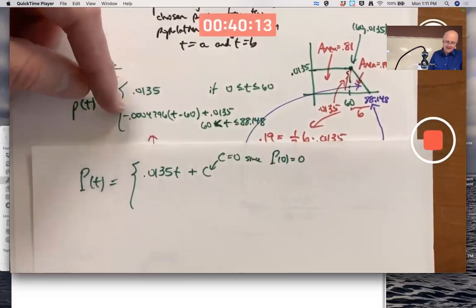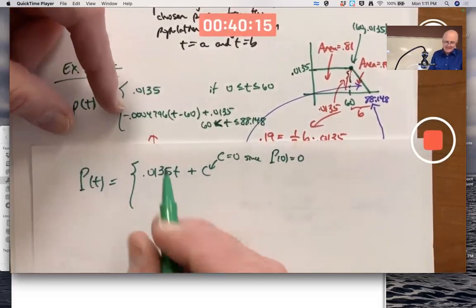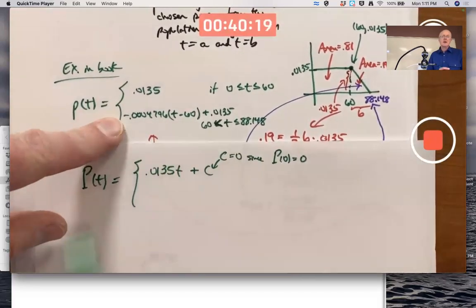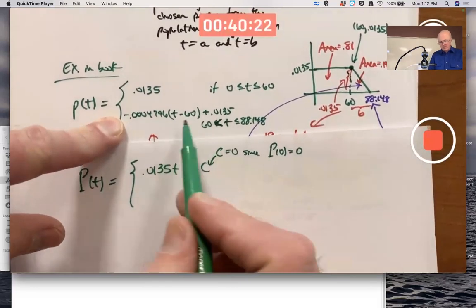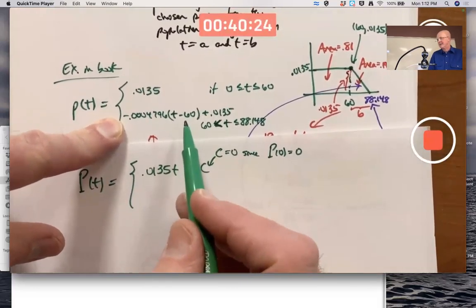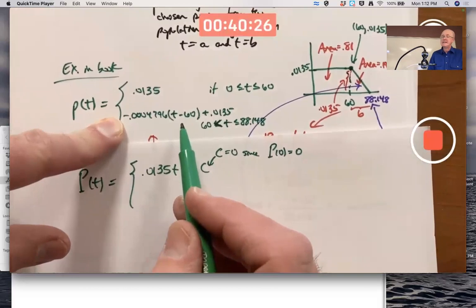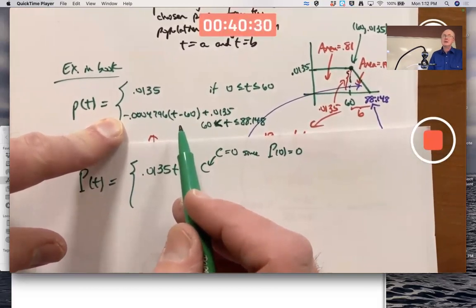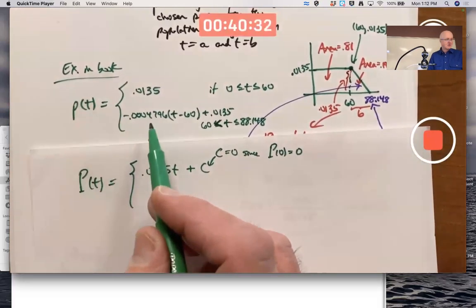Should I expand this out to integrate? Actually, I can integrate it as it is. The second piece here. With the first part here, I could imagine letting w equals t minus 60, and then dw would be dt. I get a w squared over 2, meaning I need to divide that by 2.